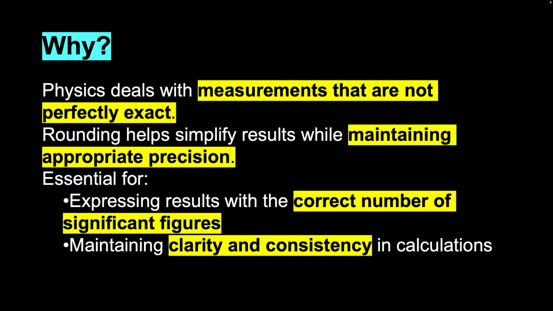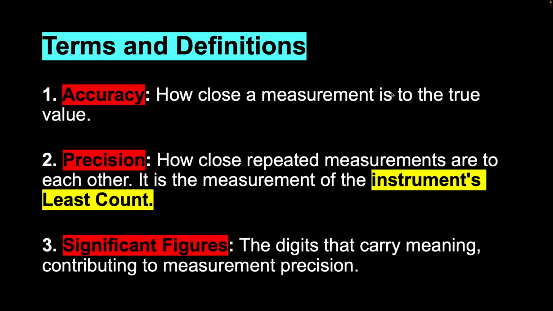Now, before we know the rules, there are certain terms and definitions that are worth knowing, like accuracy. Accuracy is the measure of how close we are to the true value. Often, the true value is the mean of the measurements that we have done. And the second term is precision.